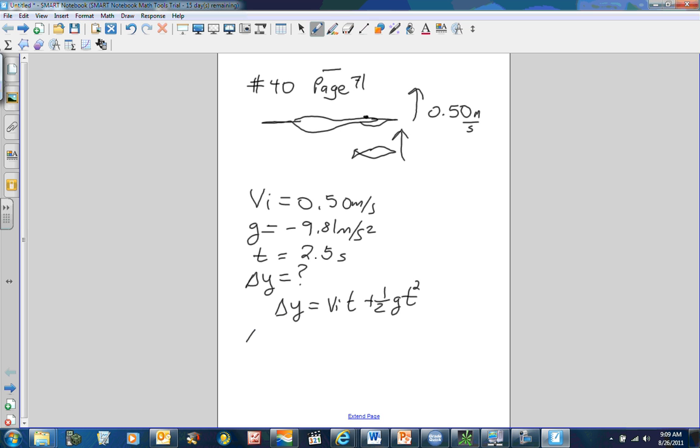I just need to substitute all my numbers in. This is going to be a longer equation, so let me move it over here to the edge.